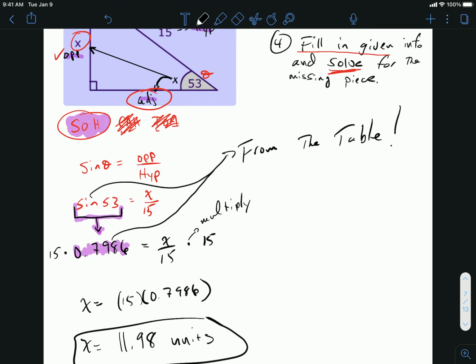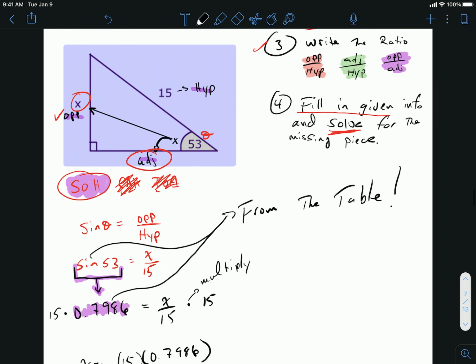What you're going to find next, when I go to do a word problem, is that it's going to be very, very beneficial for you to be able to just draw this triangle. A trig question is going to involve a triangle, so just draw a triangle and then try your best to put the information from the question onto the triangle that you've drawn.